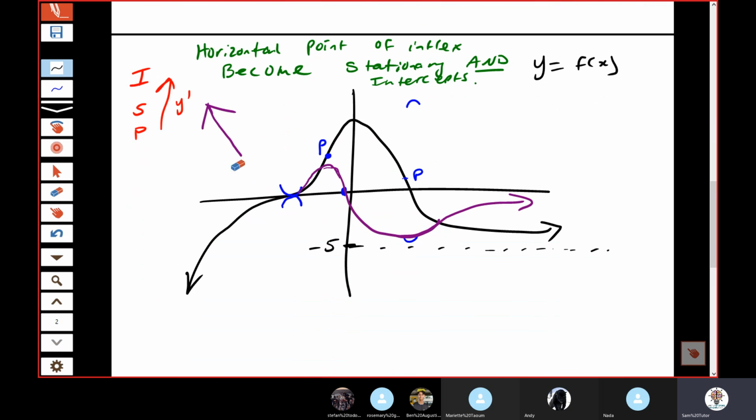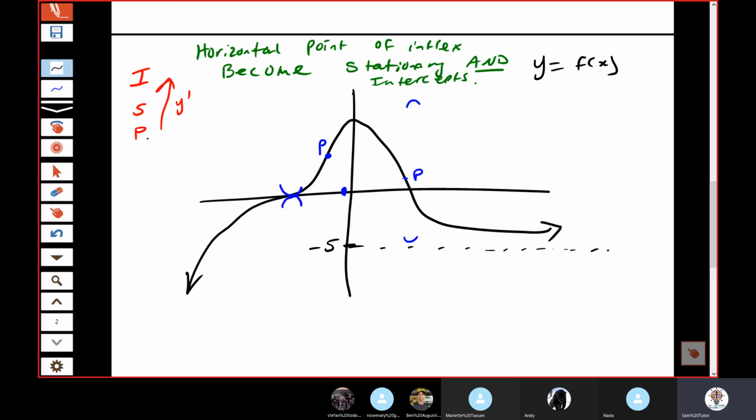Now what I'm going to do is get rid of that answer, obviously. Okay. Boom. Horizontal points of inflection. The reason why it's hard is because people don't know this. They become stationary and intercepts. Why? Because I just said it's horizontal, which means it's stationary, and it's a point of inflection.